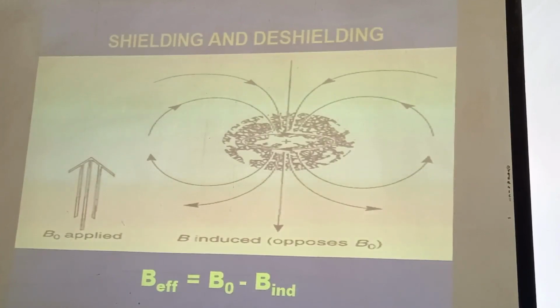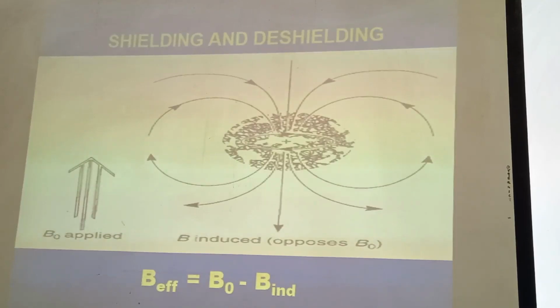Their Larmor frequencies would be different. If their Larmor frequencies are different, they will observe resonance at a different frequency, or they will absorb radiations of different frequencies. They will not absorb radiation of the same frequency. And this absorption of radiation at different radio frequencies allows us to differentiate between these two.